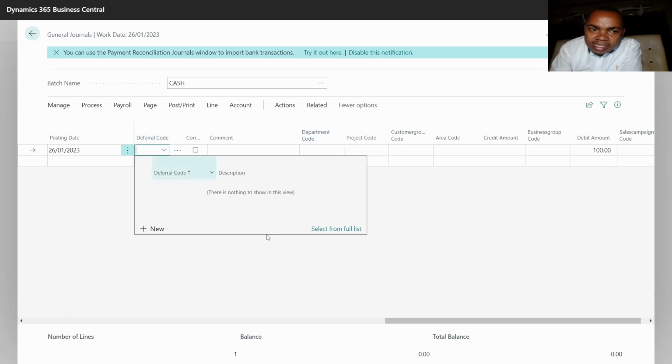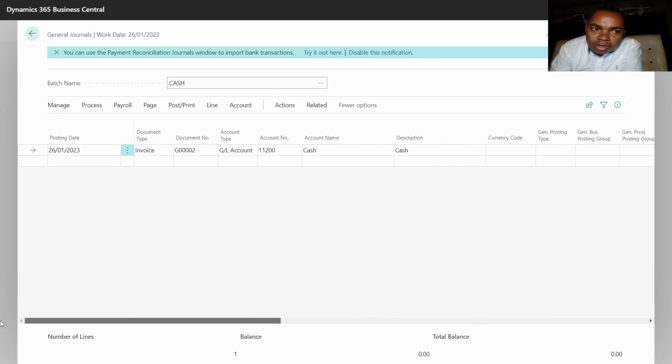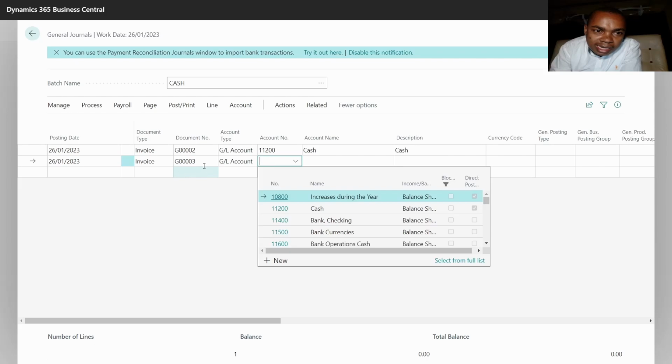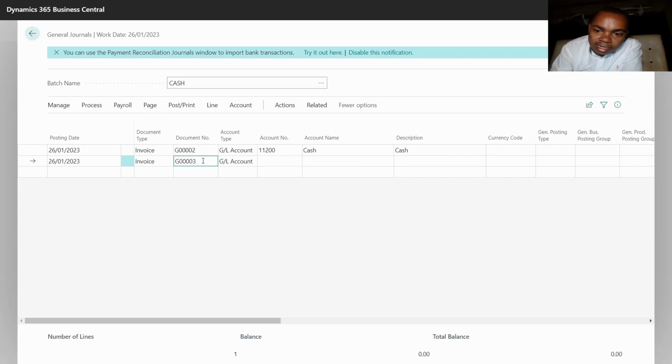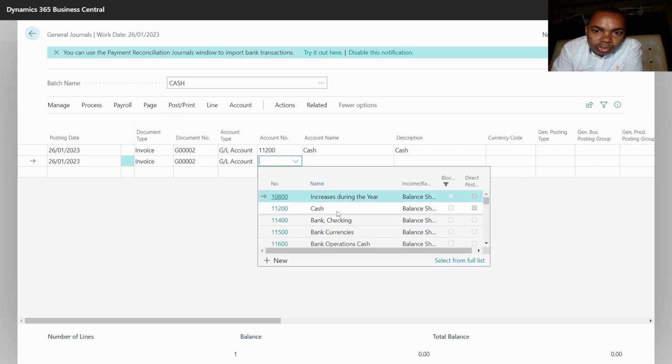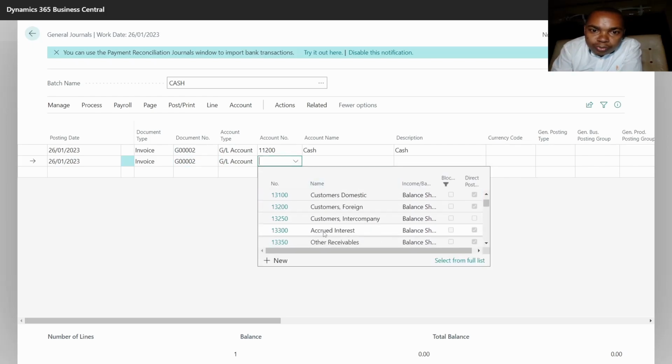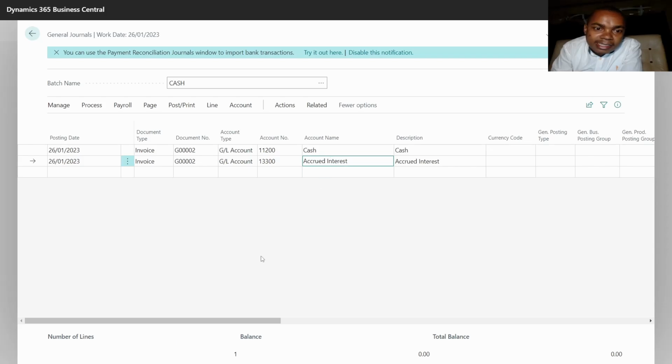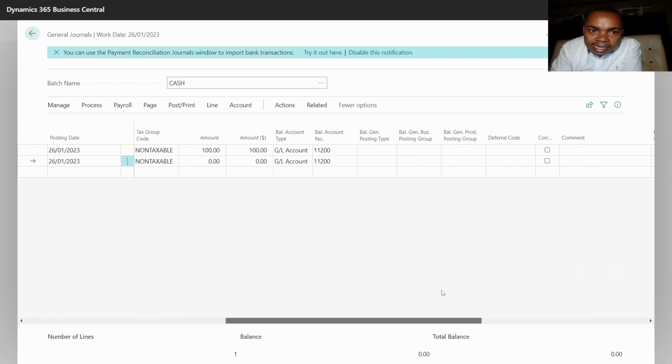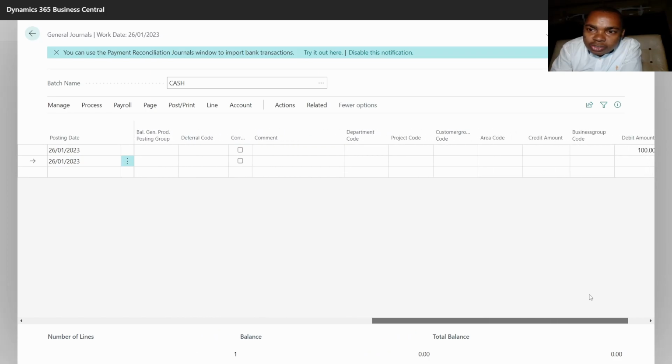After that, you have populated the first line. You want to populate the next line. You come here and select the next line. Let the document number be the same. You also select the account to be credited. So you add the second line and select the account to be credited.